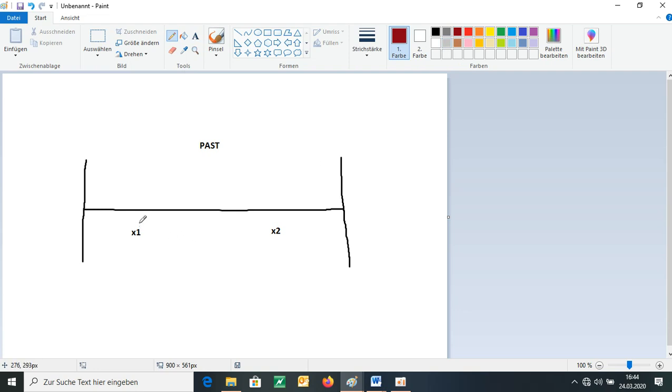We have action number 1, and we want to know how long action 1, so x1, was going on until x2 happened. So the focus is on the duration, and we're focusing on the time frame of this action, all this time frame until action number 2 happened.